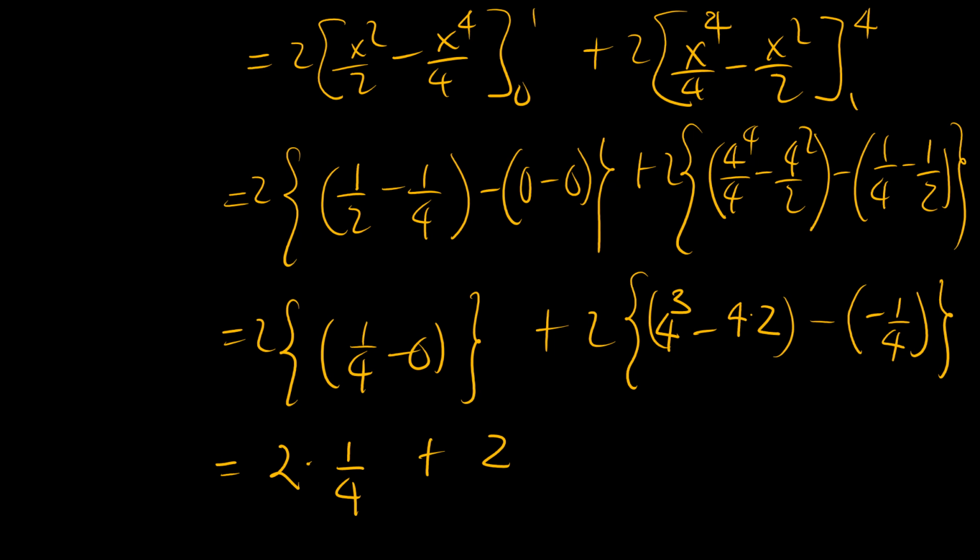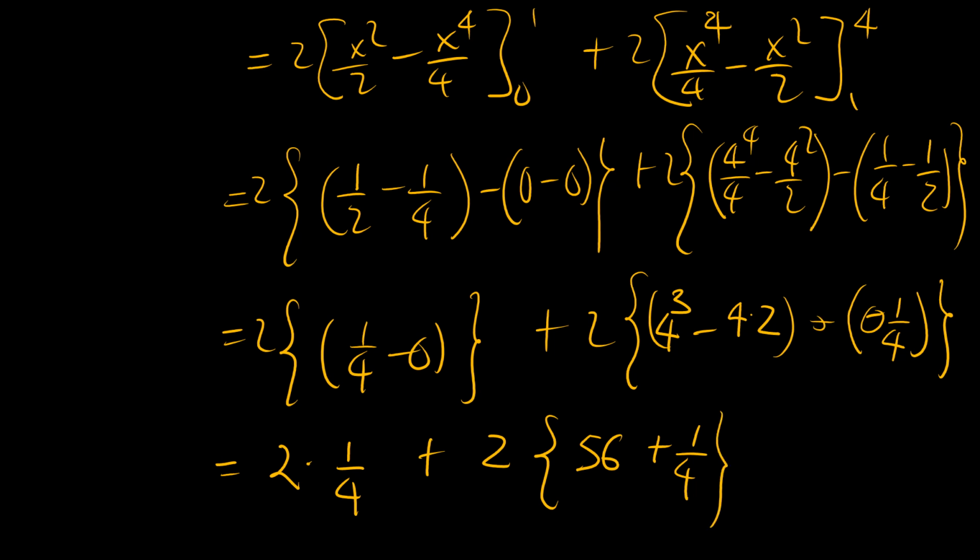So 4 to the power 3 is 64, because 4 times 4 is 16, 16 times 4 is 64. And 64 minus 8 is 56. Then there's a negative quarter here, a negative here.